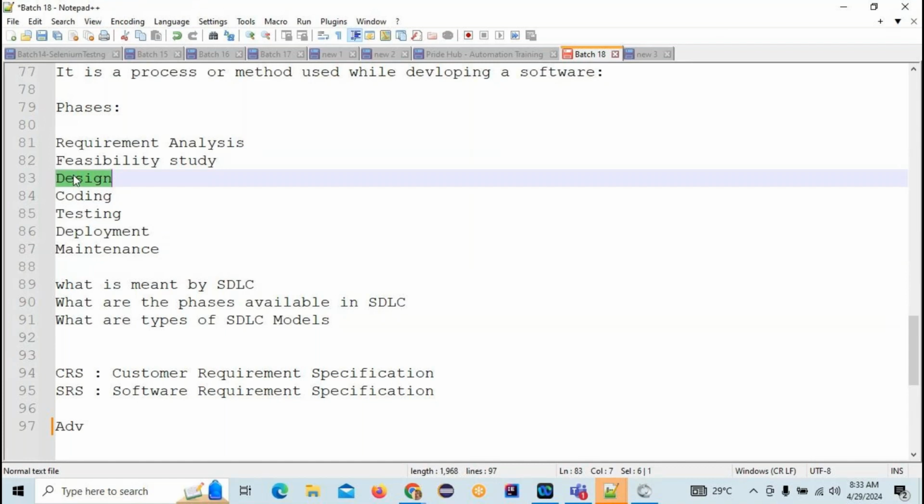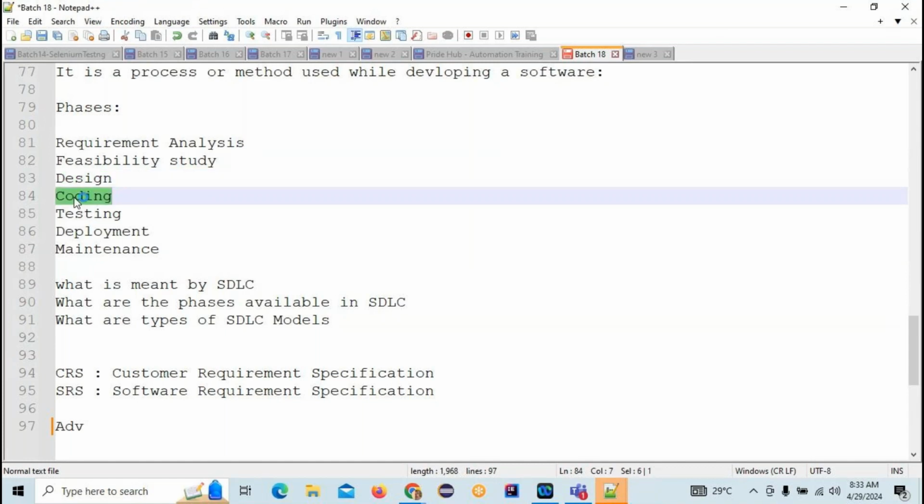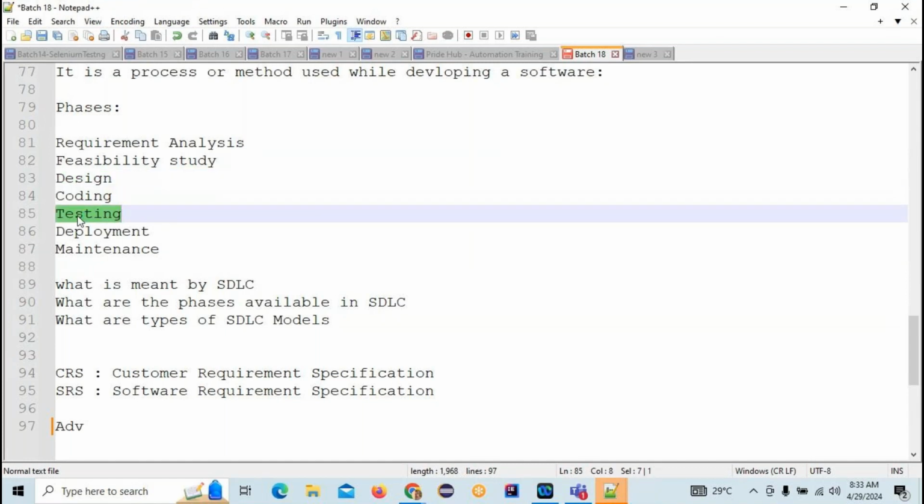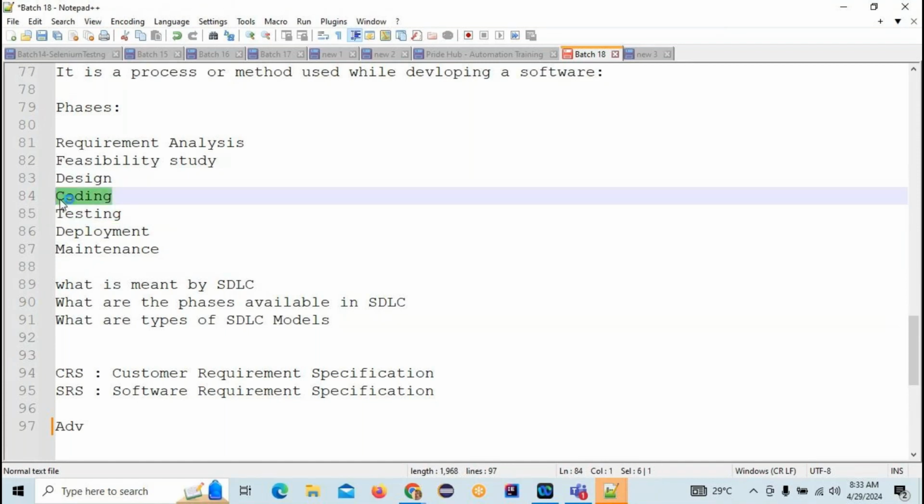In the waterfall model, once you are done with the design, you come to the coding. Once you are done with the coding, you come to the testing. But if you want to make any changes in the previous step, in the coding, it's not possible. You should start from scratch again. Again, you have to do the requirement analysis, feasibility study, and all. So it's a time-taking process and a waste of money and resources. That's why we call it a disadvantage of the waterfall model.